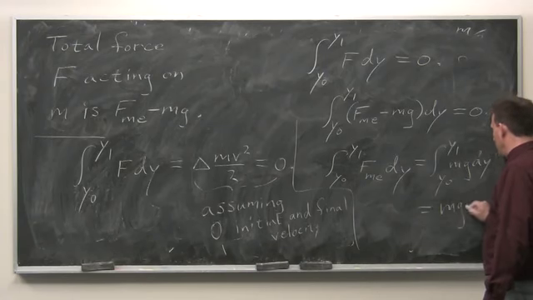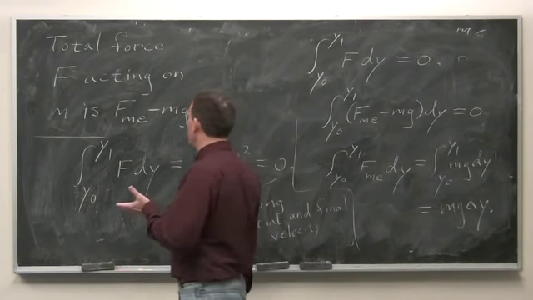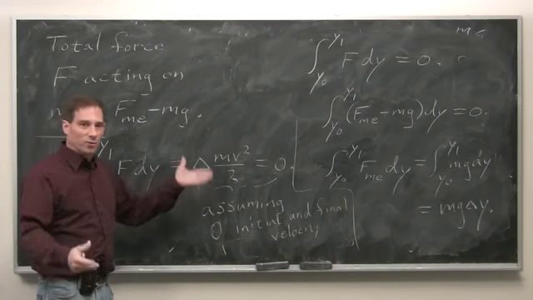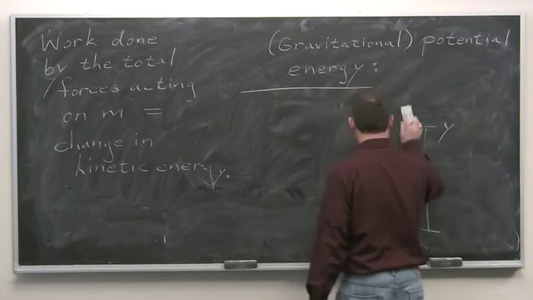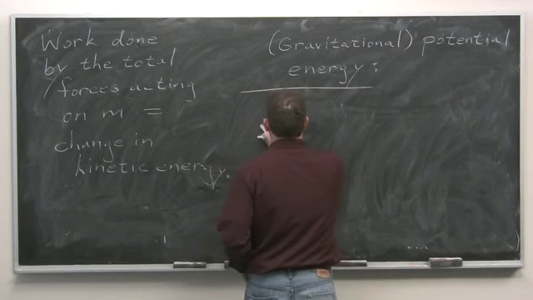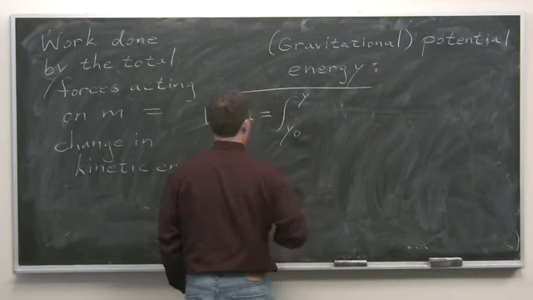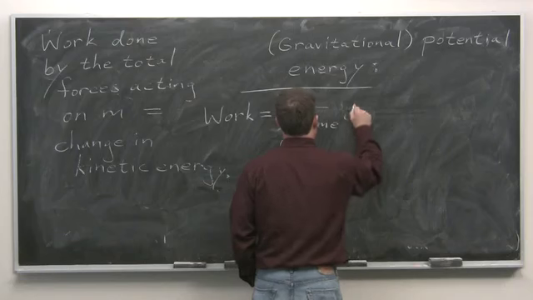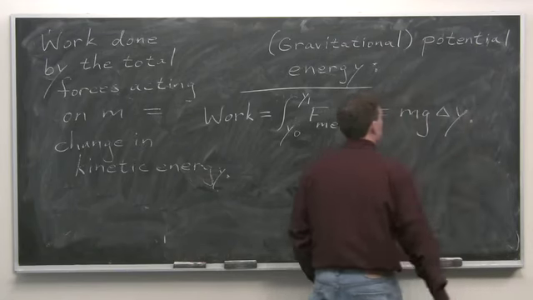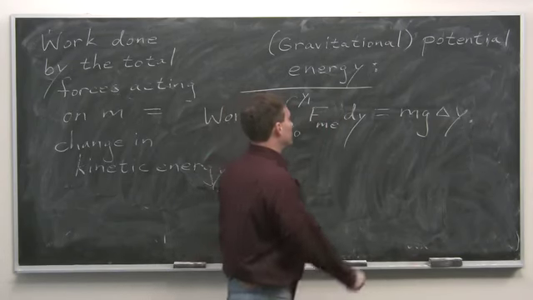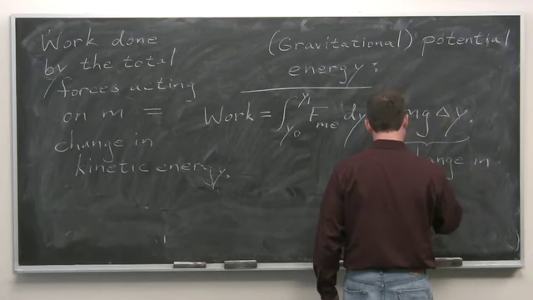This is just mg times the change in the y coordinate, y1 minus y0. So how much work do I do in lifting the mass against the force of gravity? It's this. The work that you have to do is just mg times the change in the y coordinate, so the change in height. And this is called the change in potential energy.